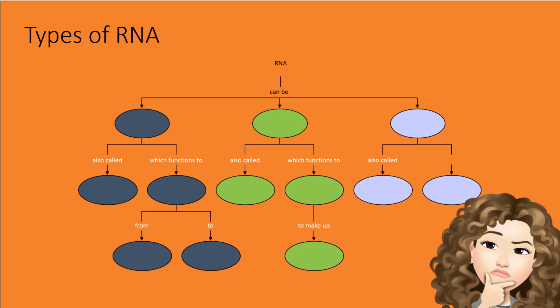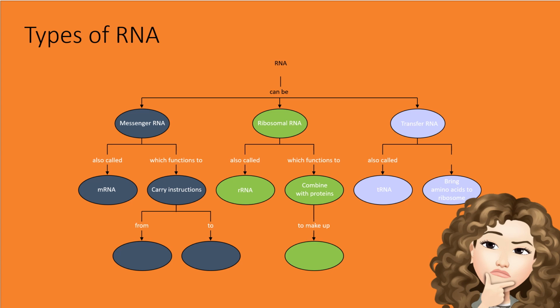So RNA can be of three types. It can be a messenger RNA or mRNA, a ribosomal RNA or rRNA, and the transfer RNA or tRNA. The functions of these types of RNA can be understood more deeply when we go to the next video on flow of genetic information.